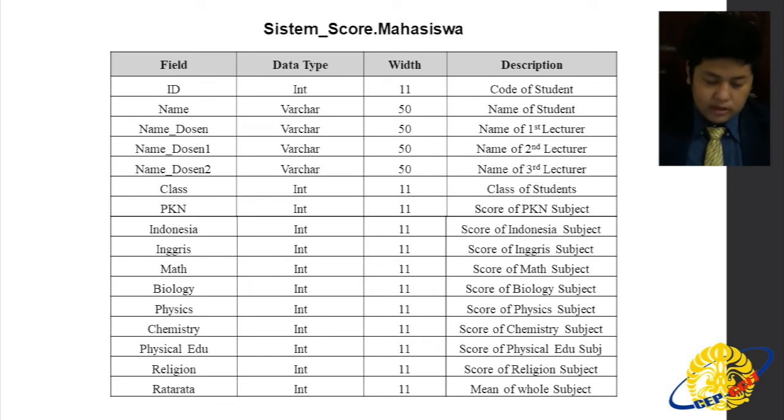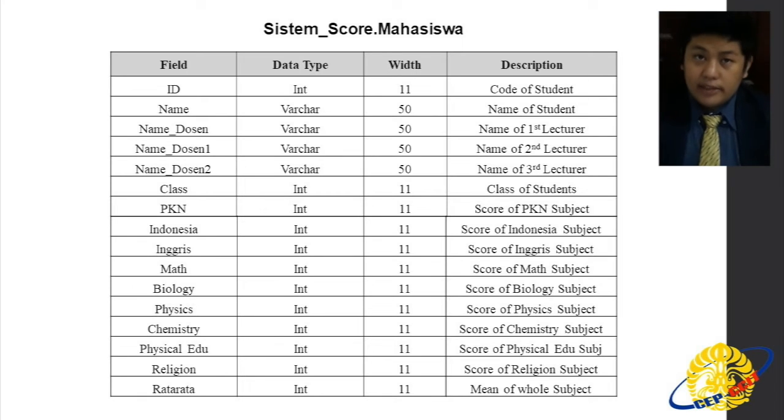After that, there is the table of system score mahasiswa. There is name, which means the name of the mahasiswa. There is also name docent, name docent 1, name docent 2, which are the names of the first lecturer, second lecturer, and third lecturer.